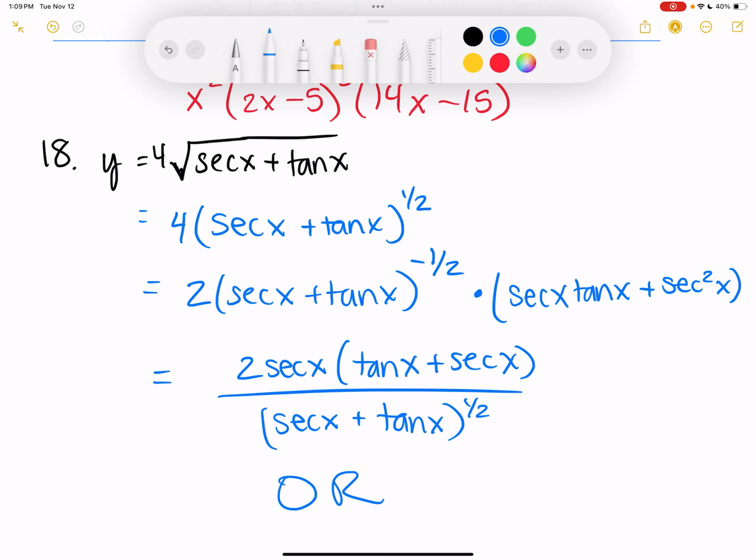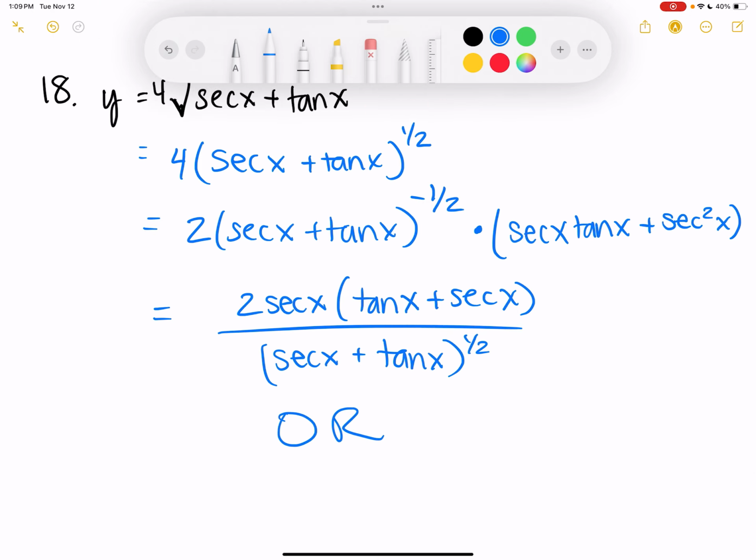Or if I take a secant out of this piece, look at this. Does this match this? Yeah. What exponent's on this? 1. What exponent's up here? Negative 1/2. So could I subtract them?